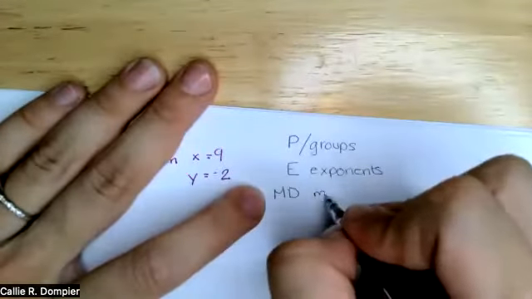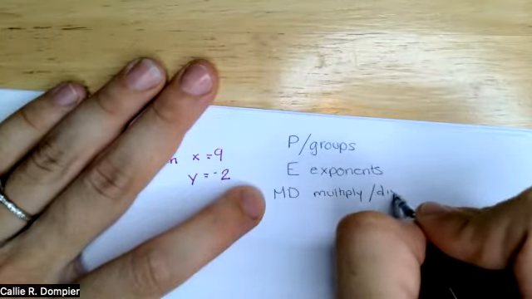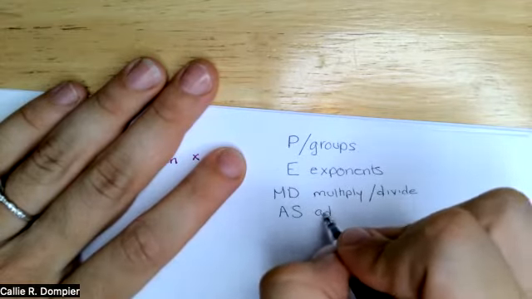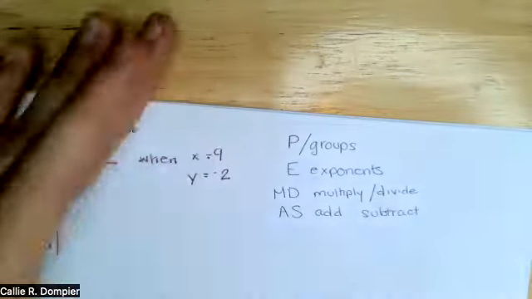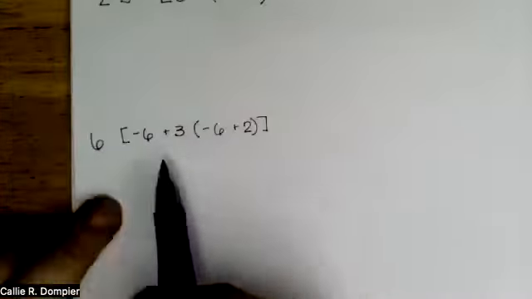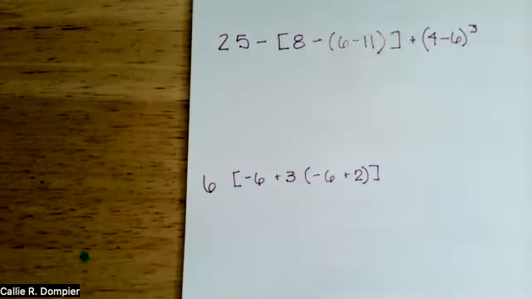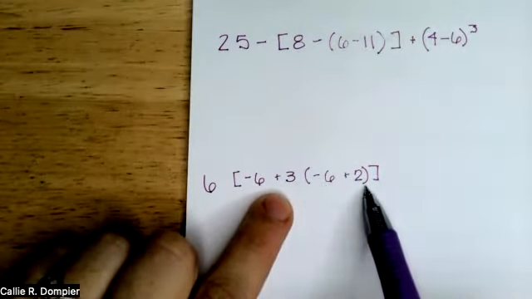So multiply or divide, and then add or subtract as the last thing you do, okay? So on the exam, people were, here for example, you were adding -6 and +3, and then you were multiplying it with -6 and +2.